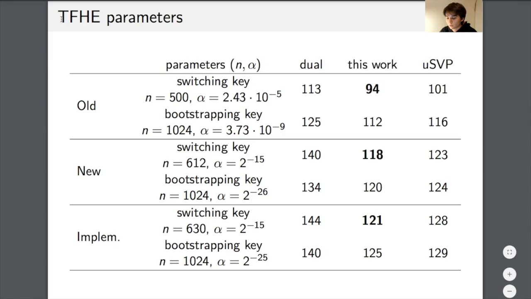For example, on this slide we can see the security level of several updates of parameters of TFHE, which is now one of the fastest fully homomorphic encryption schemes. We see that for all the three sets of parameters, our attack gives 0 bits improvement compared to the unique SVP attack that is currently used to estimate security of TFHE.